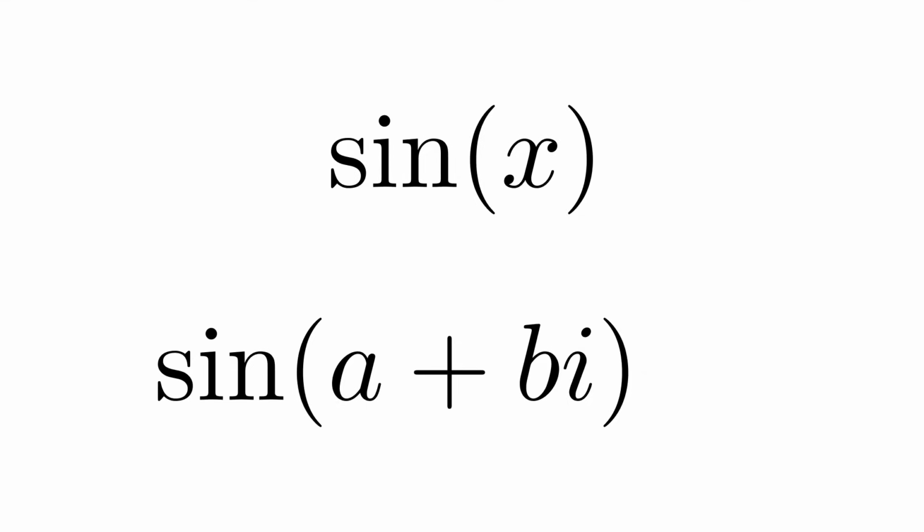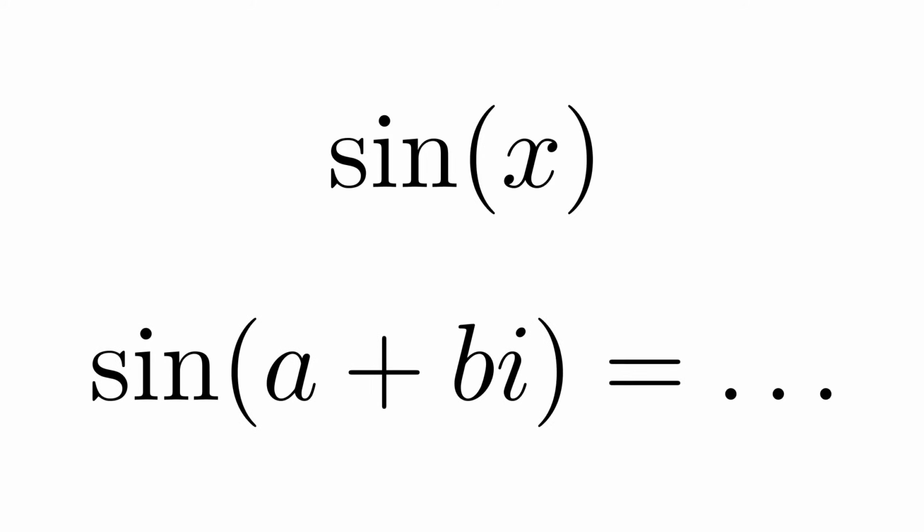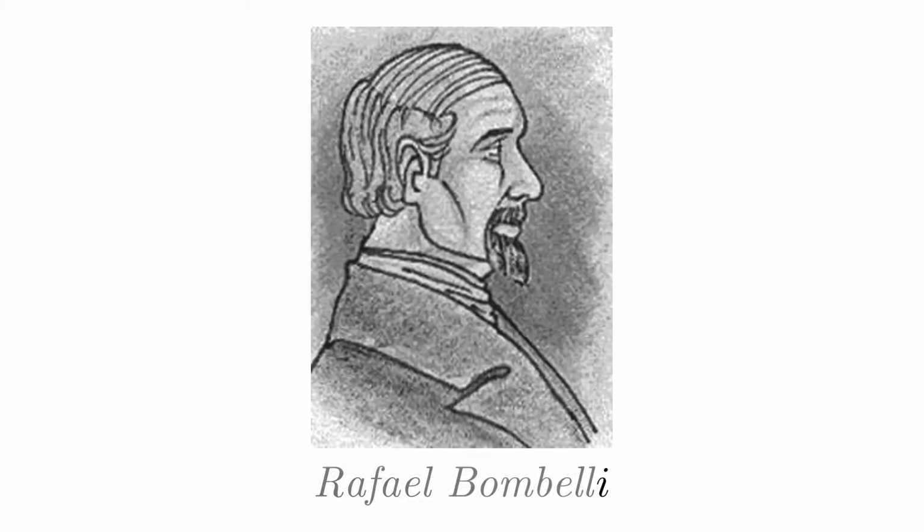In this way, we're going to avoid having to ask what sine of 3 plus 2i or zeta of 5 minus 2i mean. We'll simply be able to assign values to them. We begin our story today with Bombelli, who was perhaps the first to notice that contemplating the complex numbers might yield interesting information about the real numbers.